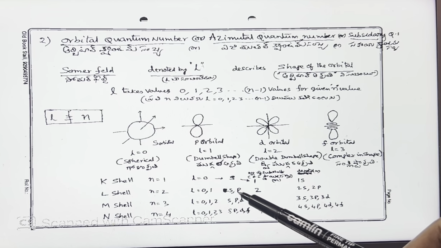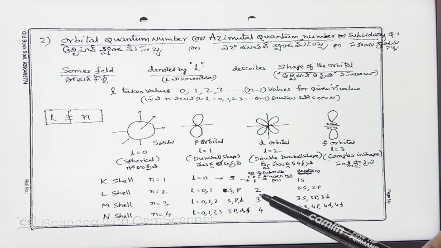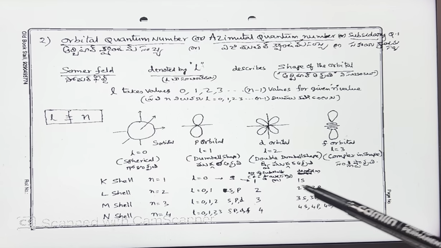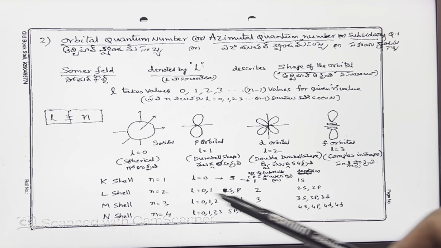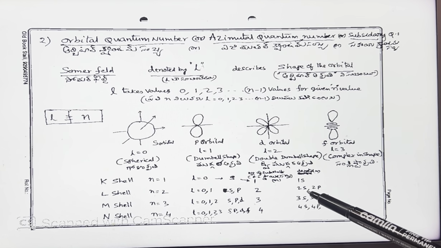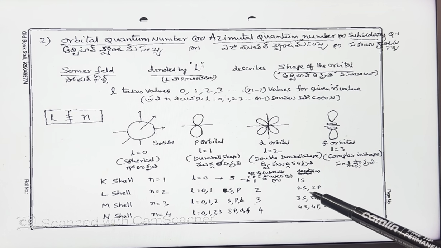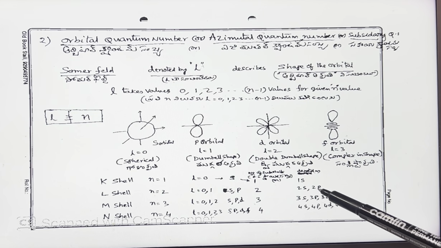So, s and p, two subshells are there. These are called subshells, indicating the number of subshells present in an orbit. They are called 2s and 2p: the s orbital in the second shell and the p orbital in the second shell.